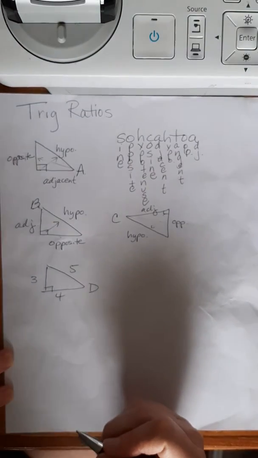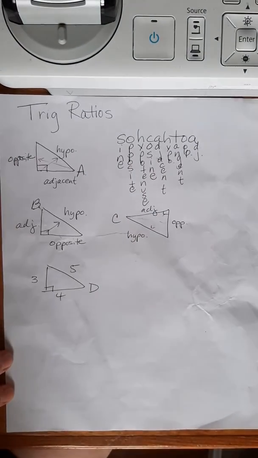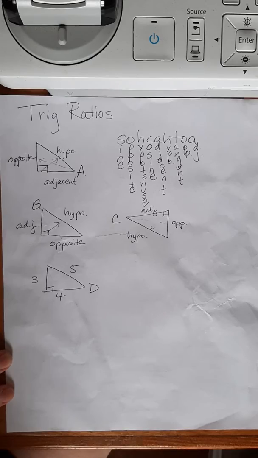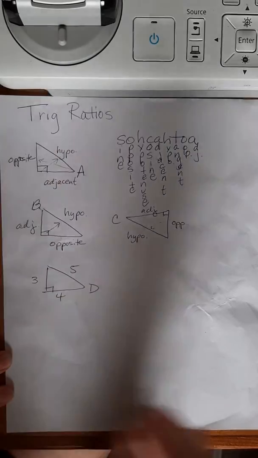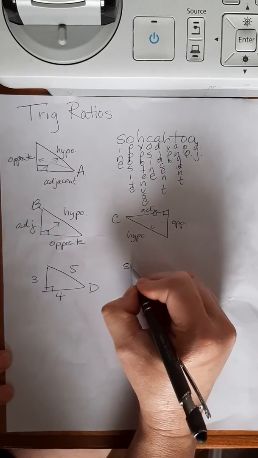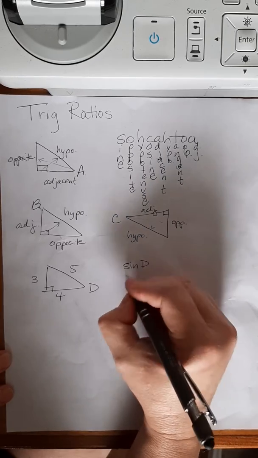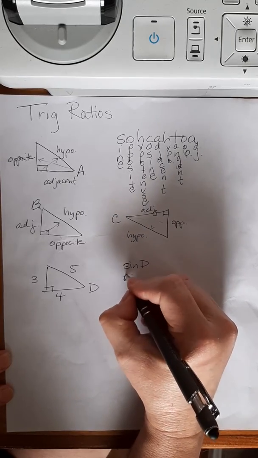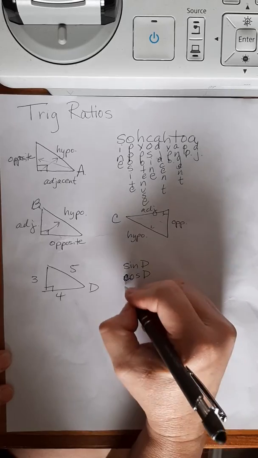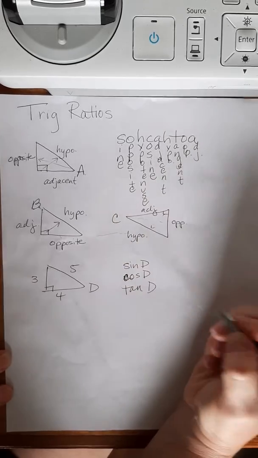We'll do one of our standard Pythagorean triples. If I give you this, and I wanted you to find, we'll start off with the 3 basic trig ratios. We'll go sine of D, cosine of D, and tangent of D.